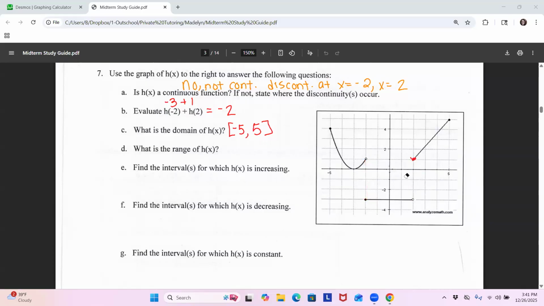What is the range? Okay, so how far low? Well, this whole thing right here is just down 3. So -3. And then this goes low to 0. So this is like 0 to 4.